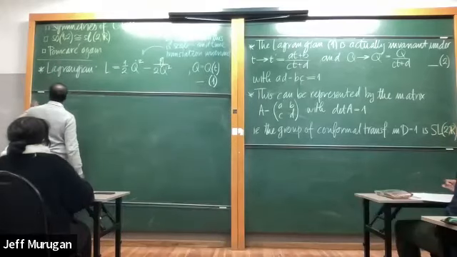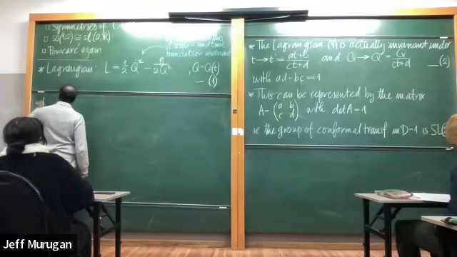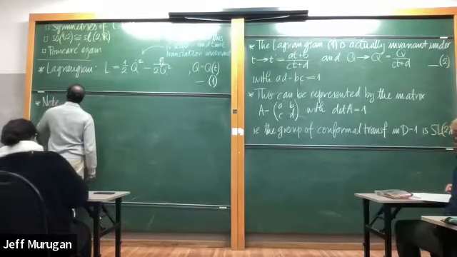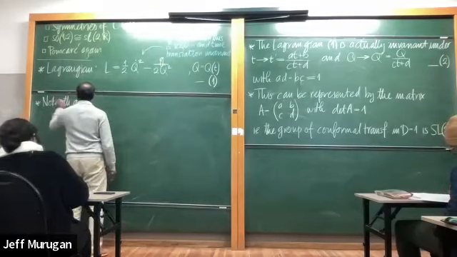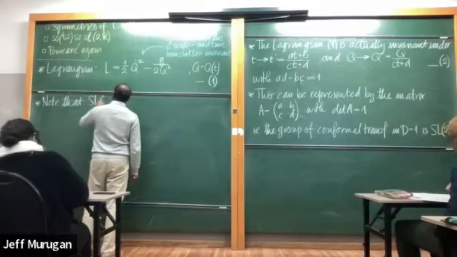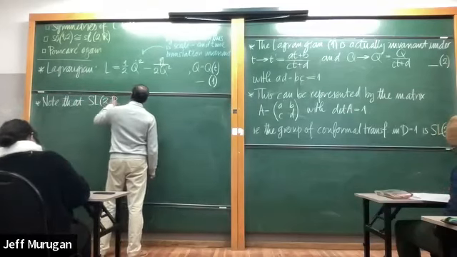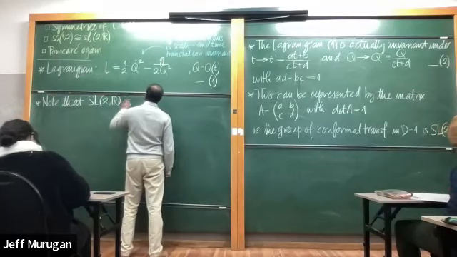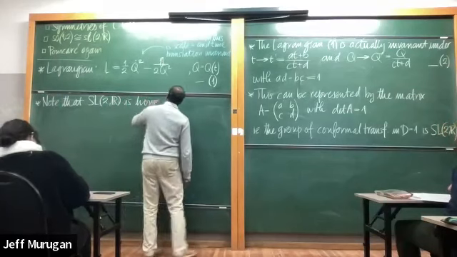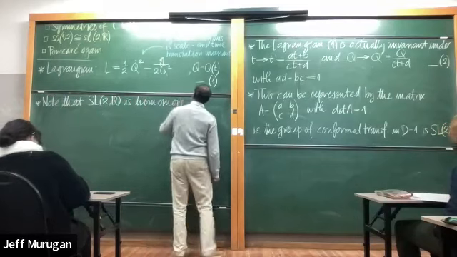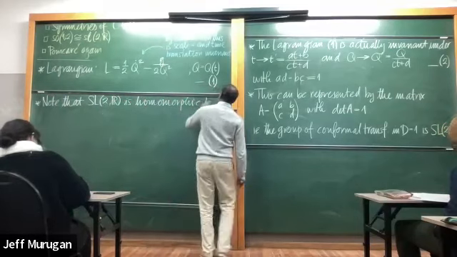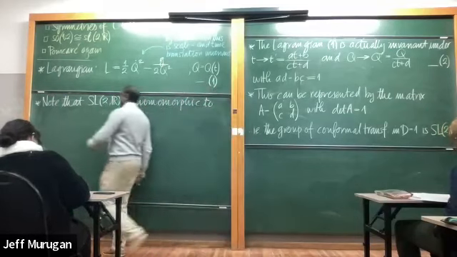So let's start by noting that SL(2,R) is homomorphic to SO(2,1).